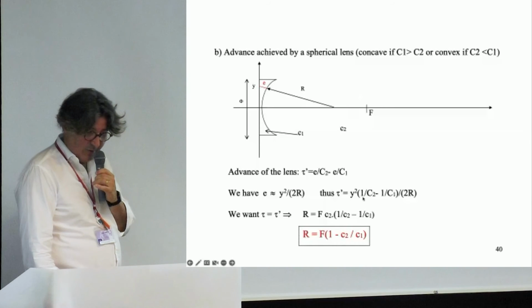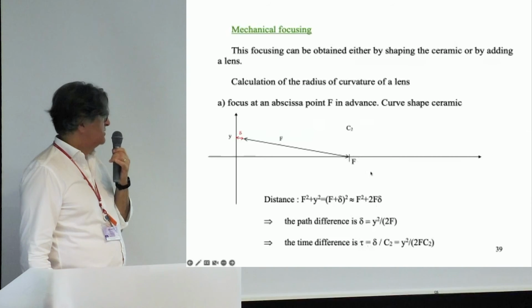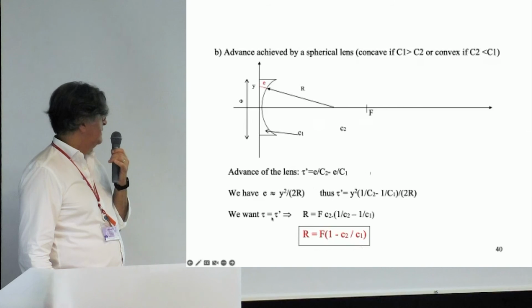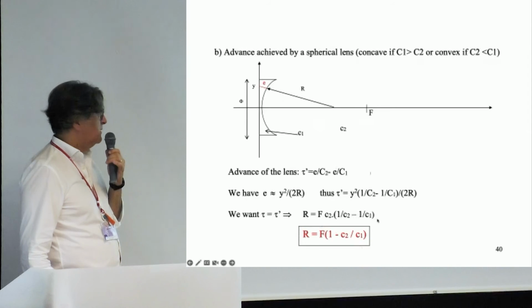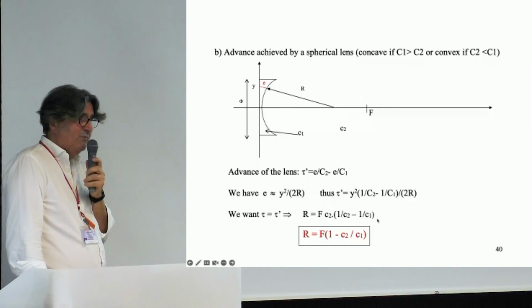But remember that we also want a time focusing at this focusing point, so we want this time equal to this time. And so this gives us the radius of curvature of our lens by this formula.